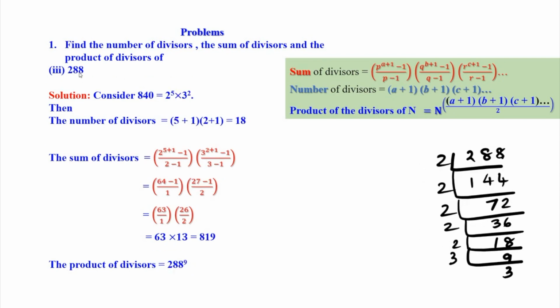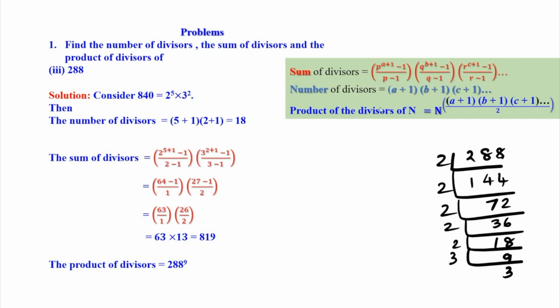Now in the same way for 288. Here this was wrongly written, this one is 288. So for the number of divisors, performing this division, we have 2 to the power 5 into 3 squared, and the number of divisors is (5 plus 1) into (2 plus 1), which gives us 18.